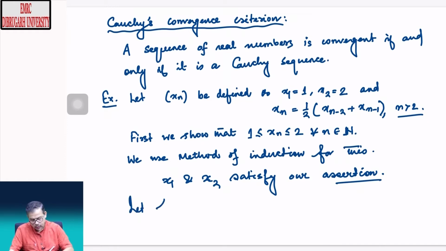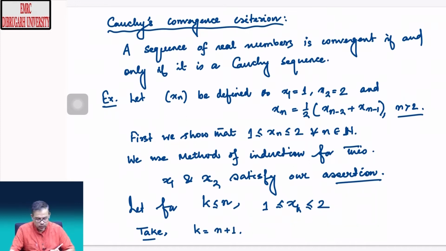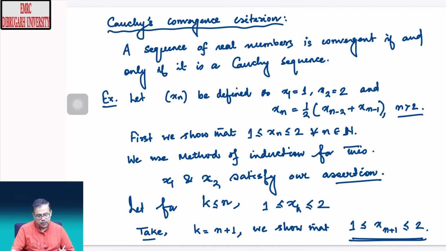Let for k less than or equal to n, all the xk's be lying between 1 and 2. Now, take k to be n plus 1, and we want to show that 1 is less than or equal to x n plus 1, which is less than or equal to 2 also. This is what we want to show by the induction hypothesis.